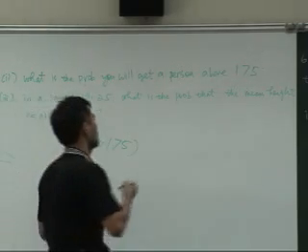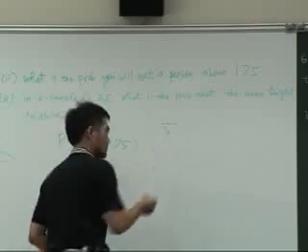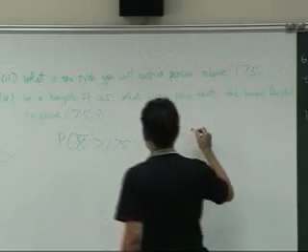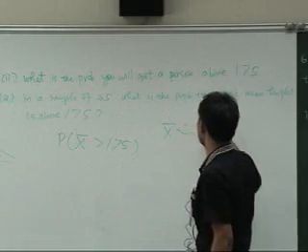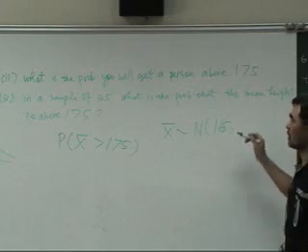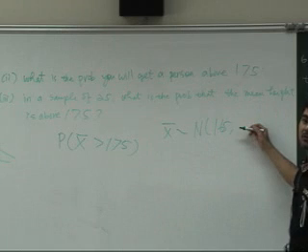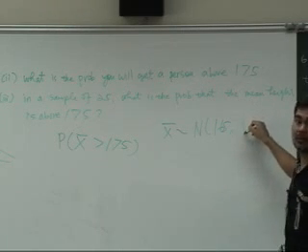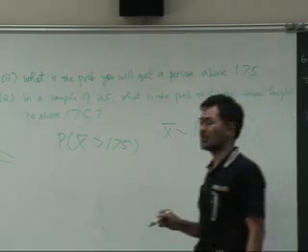So what is the distribution of x bar? It should be a normal distribution. 165 is the mean. What about the variance? The variance is equal to 1. So here is the difference.